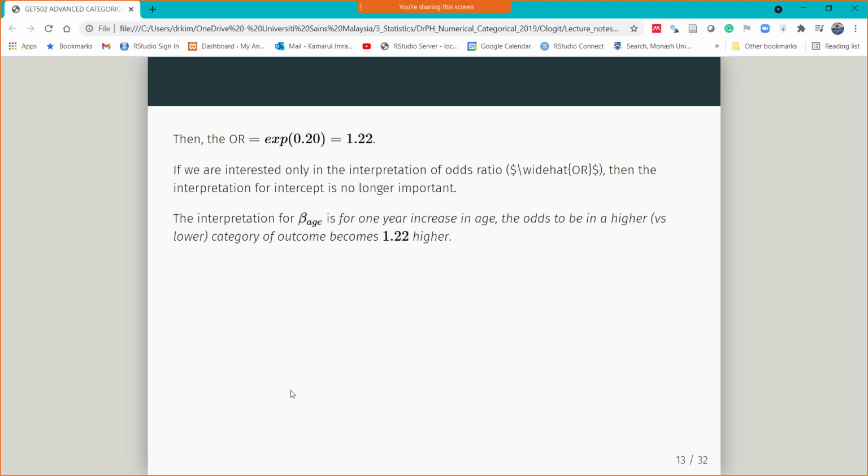Okay, so it means that if the population has increased in age by 1 year, then the odds to be in the higher groups versus the lower groups becomes 22% higher, right? So the older your age, the higher the risk to be in the bigger category or the higher category.